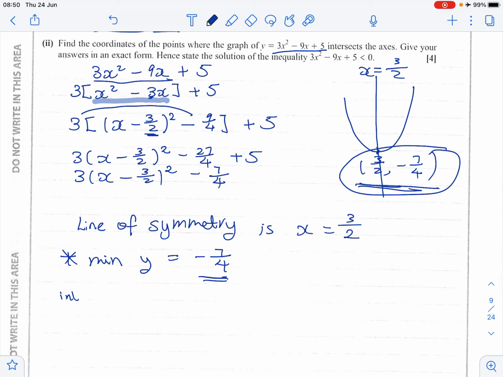It intersects the y-axis when x equals 0.